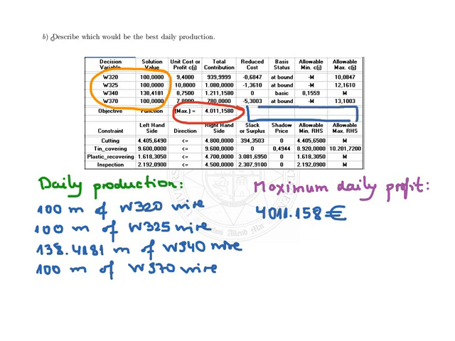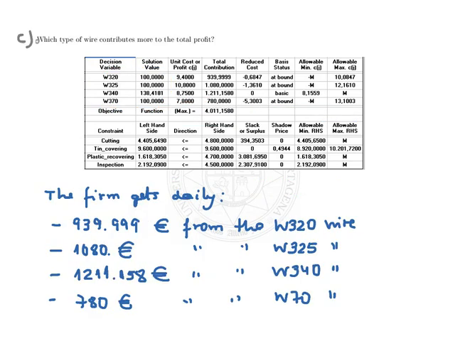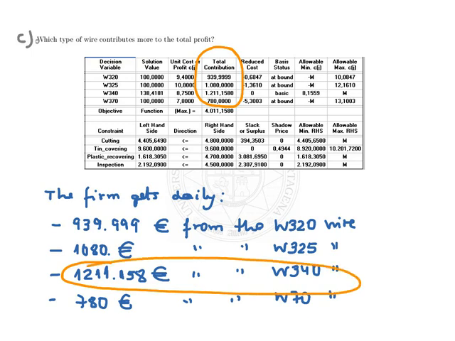Question C asks which type of wire contributes more to the total profit. So we look at the total contributions, which are here, and we find that wire 340 is the one which contributes more to the total profit, with 1,211.158 euros.